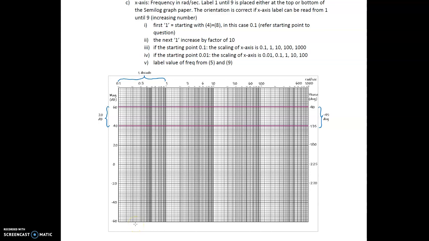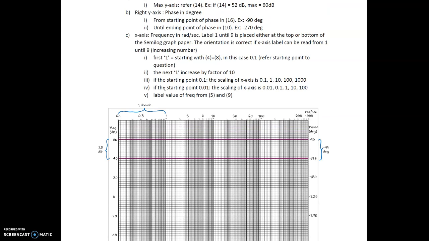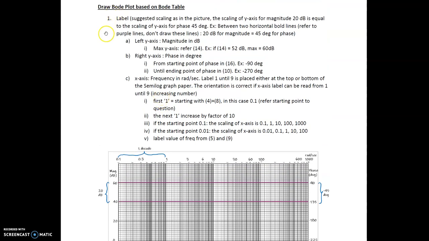No matter where the label of the x-axis is, either at the top or at the bottom, the most important thing for the correct orientation is that you can read the x-axis labels in increasing number from 1 until 9, not in decrement from 9 to 1. So as long as you can read the x-axis label 1, 2, 3, 4, 5, 6, 7, 8, 9, that is the correct orientation. That is the first important thing. Okay, now we can start labeling based on this guidance.